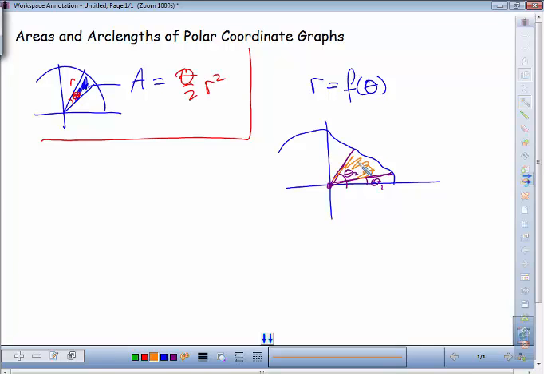When we're finding areas, just like we did in first or second semester calculus, we break it up into smaller pieces. Instead of a vertical slice, because a vertical slice doesn't make sense here, we're going to take a look at a slice of a pie, so to speak.